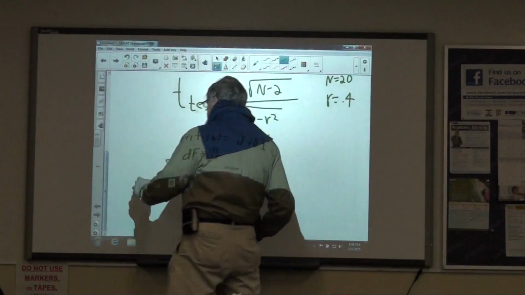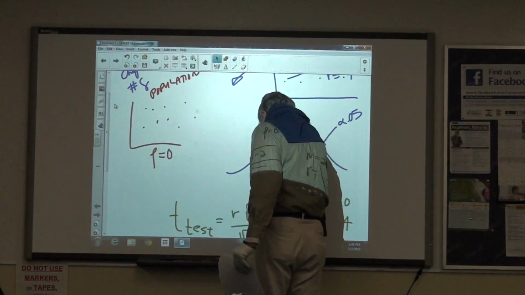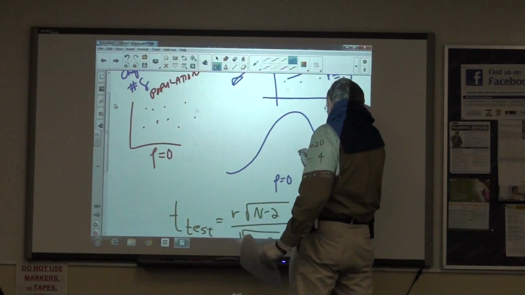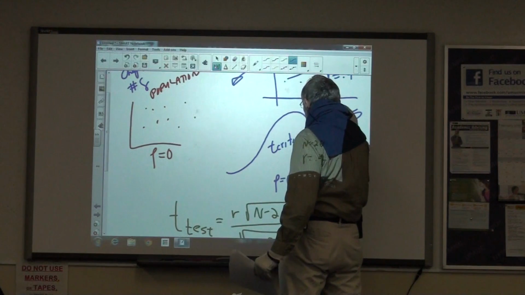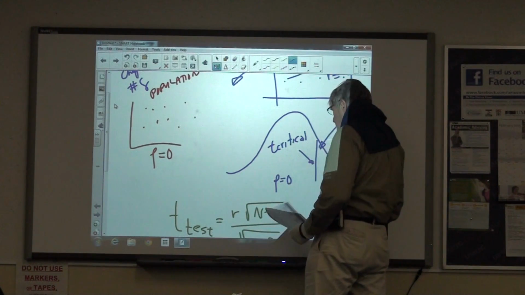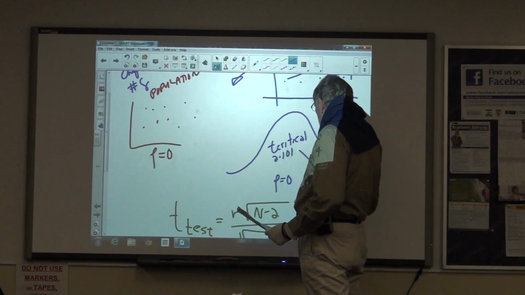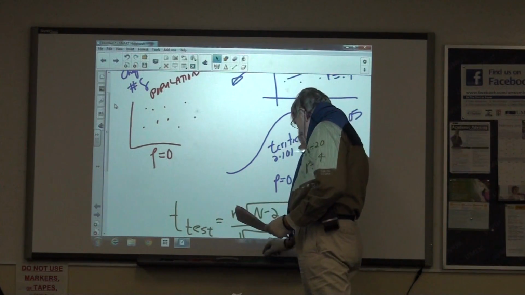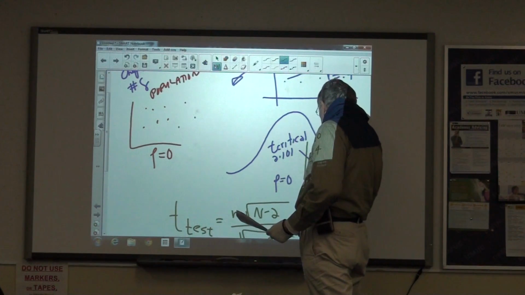Now let's go back to our drawing. So our T critical was equal to what, 2.101? Good. Now our T test was equal to what? 1.85.